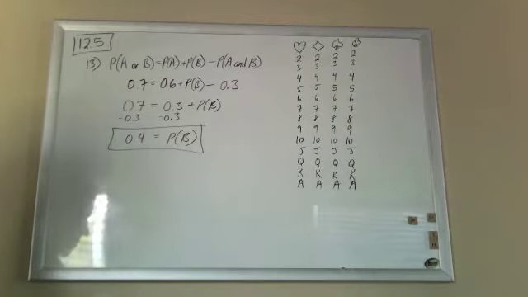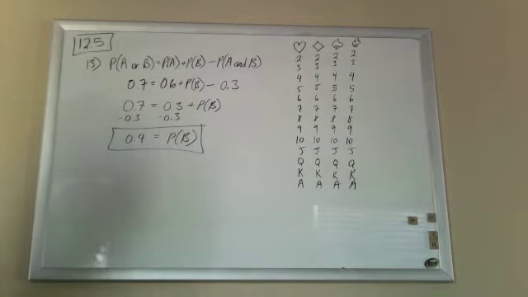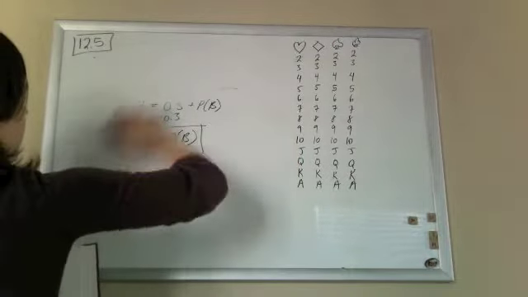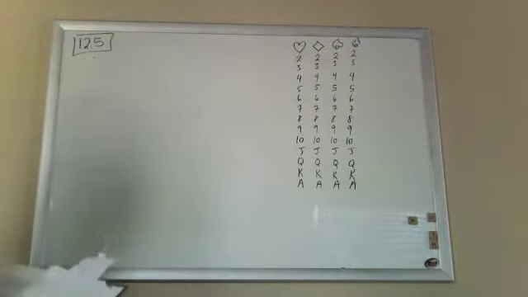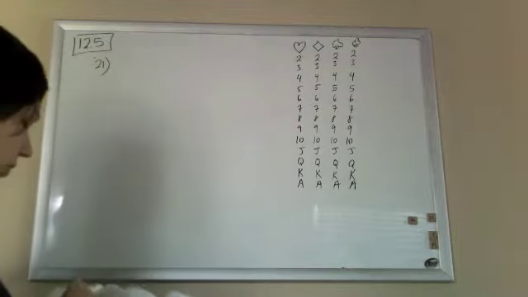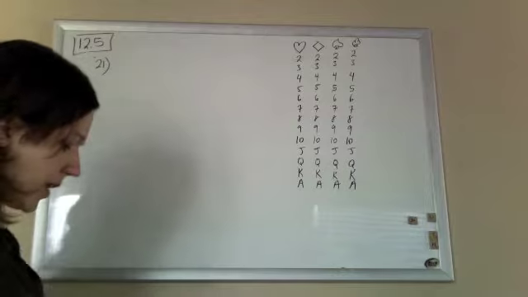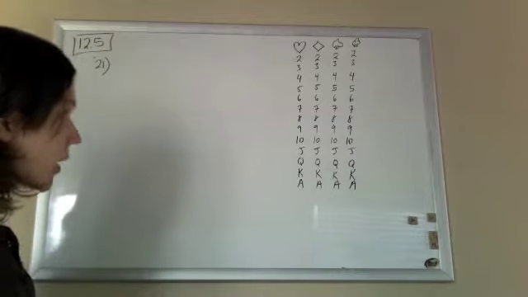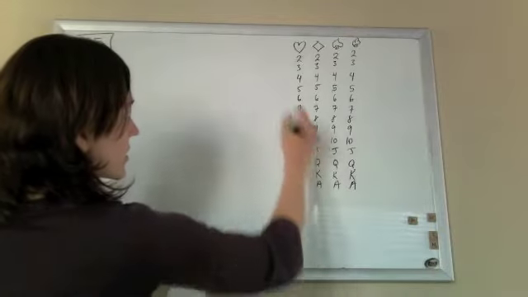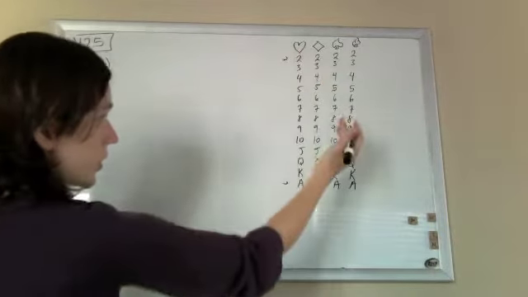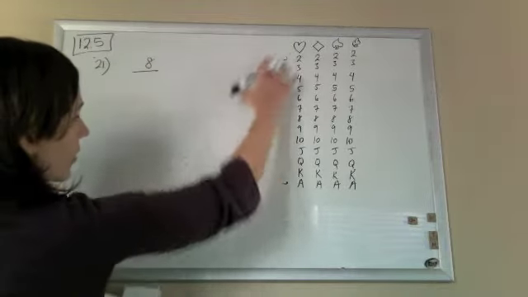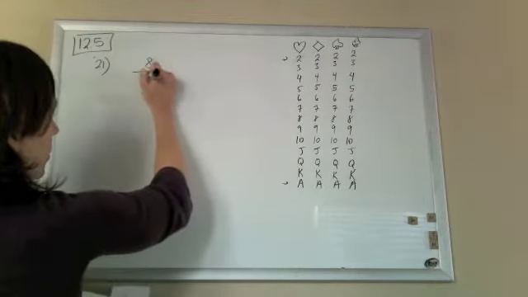And so for number 21, I've drawn out the cards here. So for 21, they want the probability of getting an ace or a 2. So if we look, we have 4 aces and 4 2s. So there are 8 cards that we want out of 52 cards total.